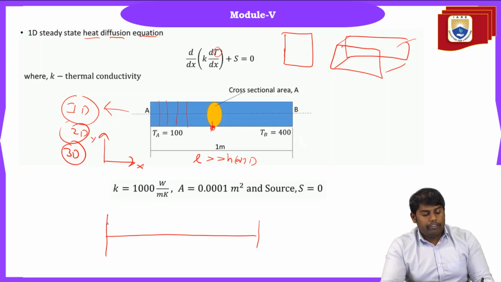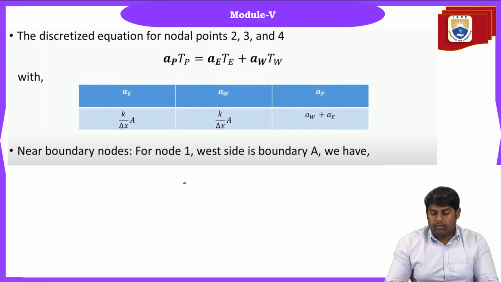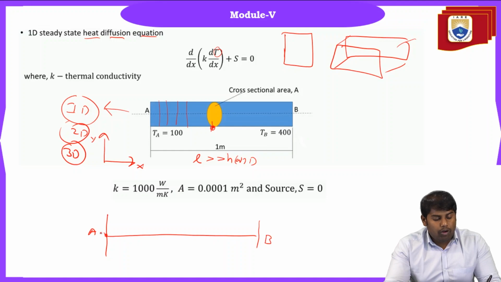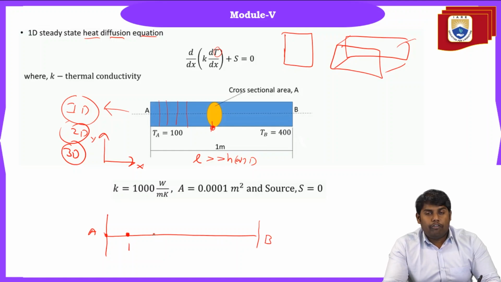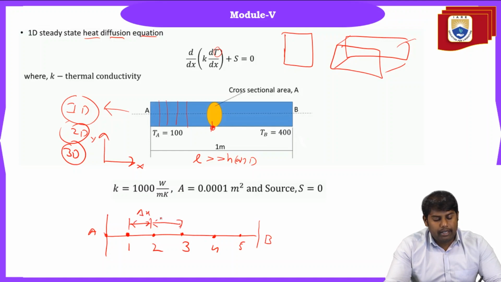If we take this as A and this as B, this is the wall actually. Fine. Let us divide this into 5 points. So this is point 1, point 2, 3, 4, 5. Let us take the spacing between these points as delta x.